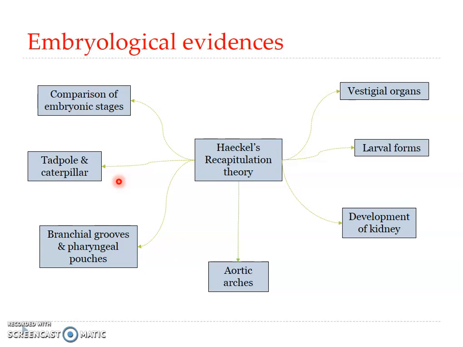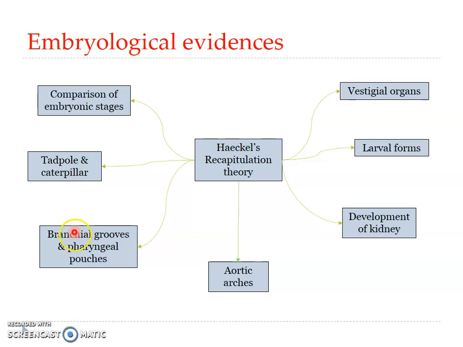So here the evolutionists describe that the tadpole stage represents the descent of amphibians from a fish-like ancestor. Similarly, the worm-like caterpillar stage in the life history of a butterfly indicates that butterflies have evolved from an annelidan ancestor. Okay, so I hope it is clear.